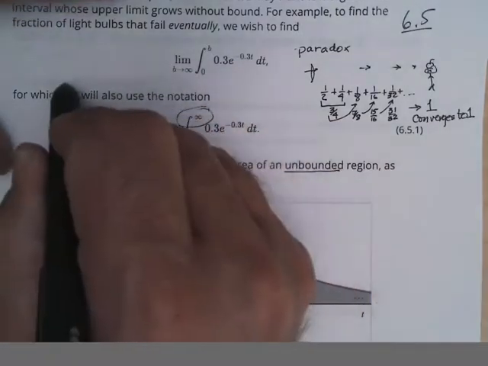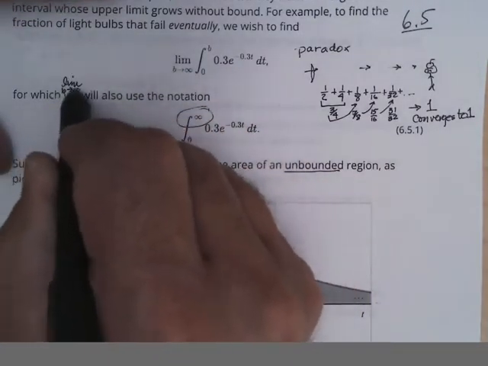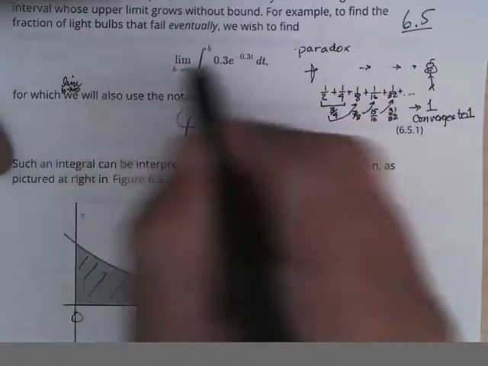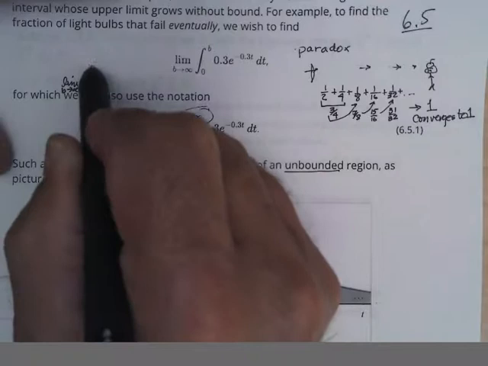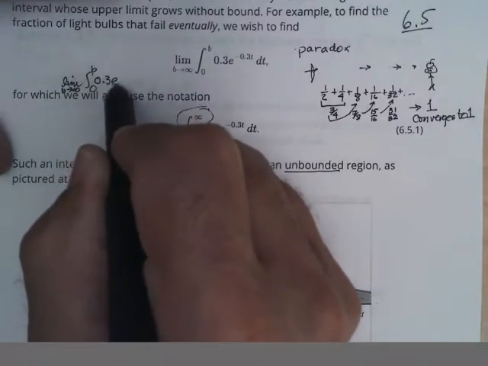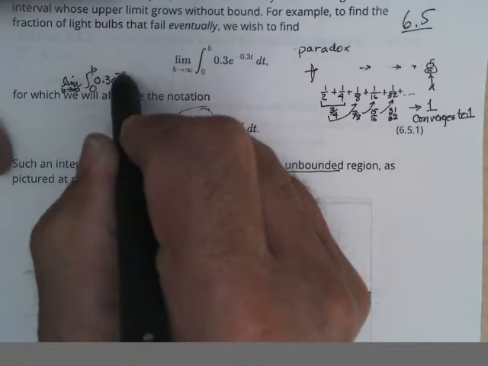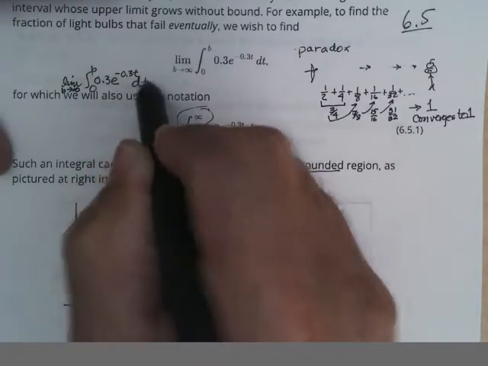So this would become the limit as b approaches infinity of the integral from 0 to b of 0.3 e to the negative 0.3 t dt. I'm just rewriting this.